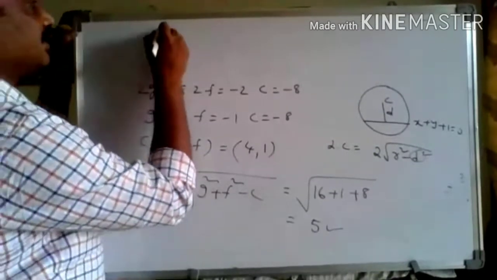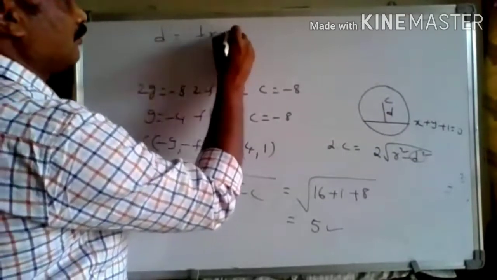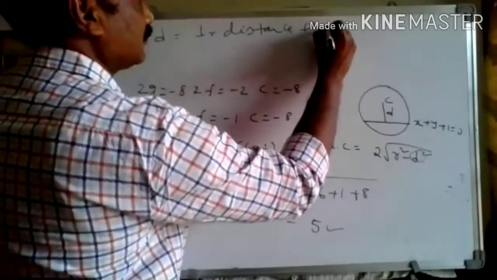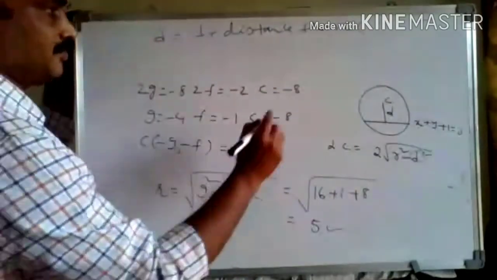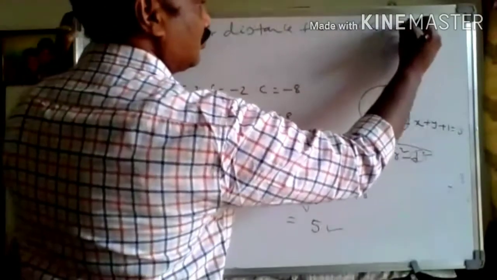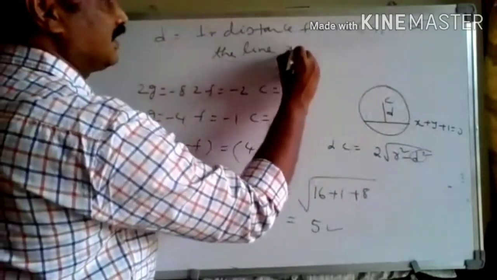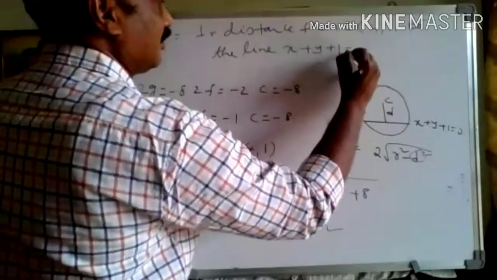Next calculate D. D is equal to perpendicular distance from center 4 comma 1 to the line x plus y plus 1 is equal to 0.